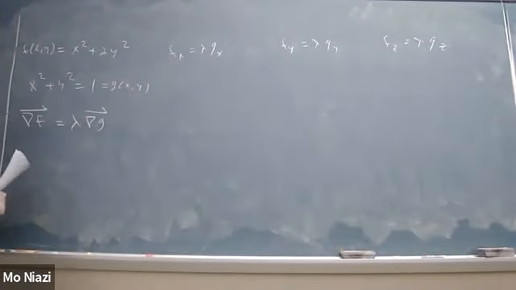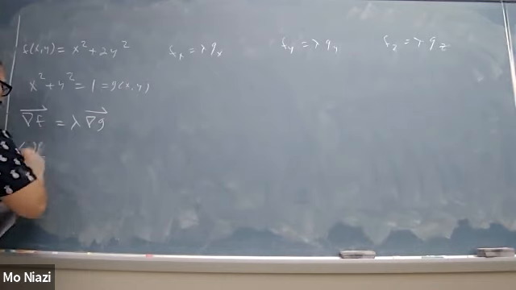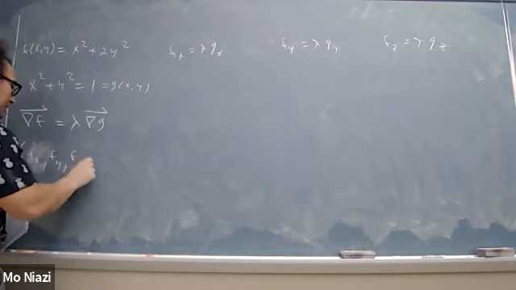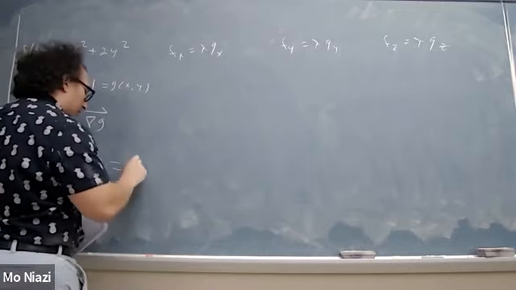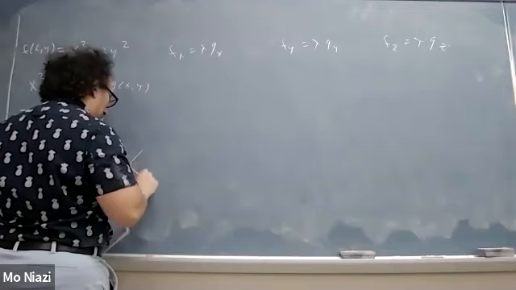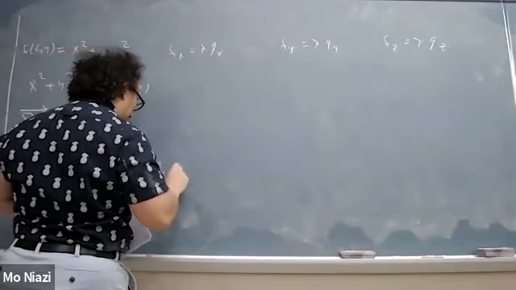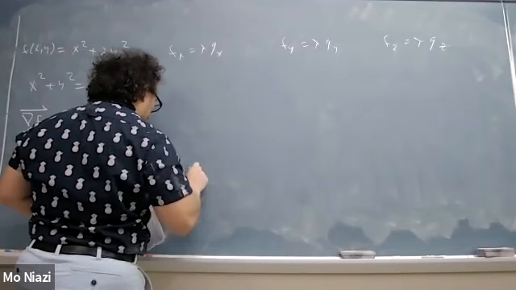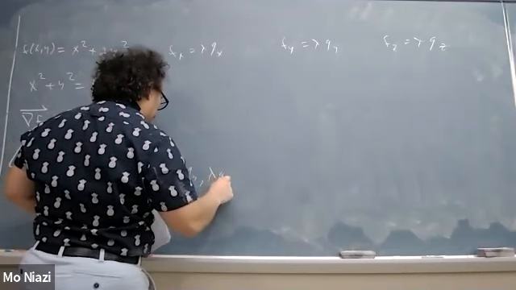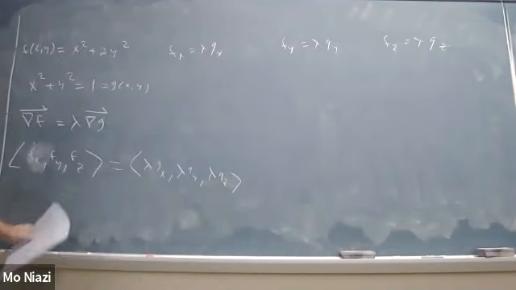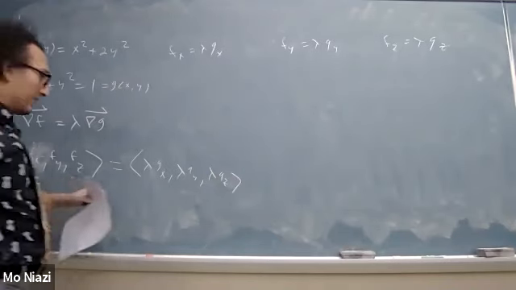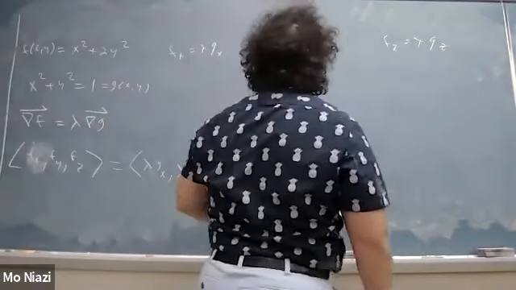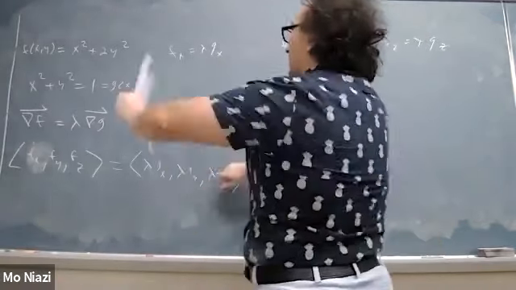This is a vector whose components are partial f partial x, which is f_x, f_y, f_z. That's equal to, when you distribute the lambda, lambda g_x, lambda g_y, lambda g_z. So we set each vector component equal to each other. The first one is f_x is equal to lambda g_x. That's where we're getting that stuff.